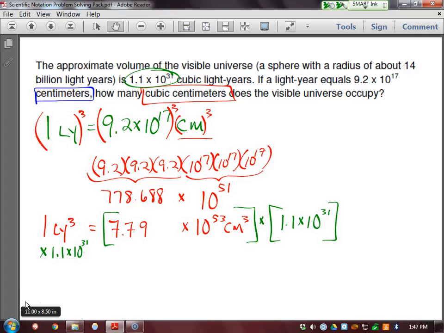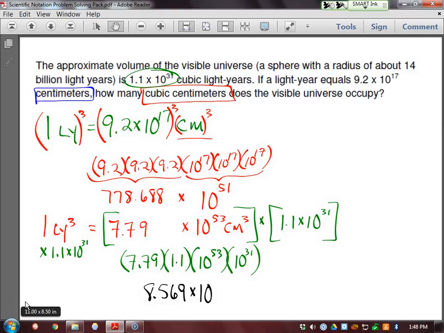And that means we're going to then use our rules for multiplying with scientific notation, and we take 7.79 times 1.1 times 10 to the 53 times 10 to the 31 using the commutative property, and 7.79 times 1.1 is equal to 8.569 times 10 to the 84.